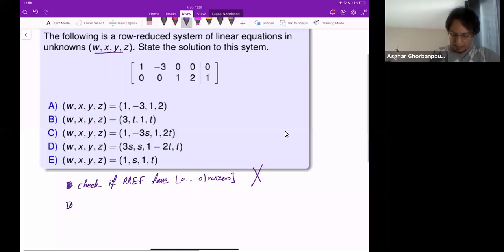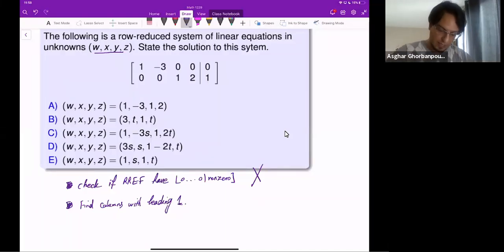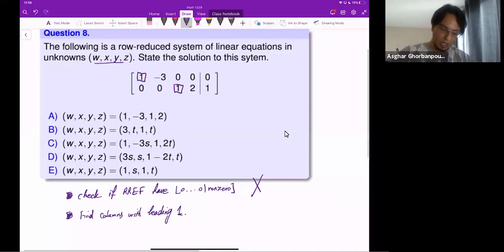When you're sure that it is consistent, the second step is to see which columns have a leading one. So here, this is one leading one, and that is another one. So column 1 has a leading one, and column 3 has a leading one.